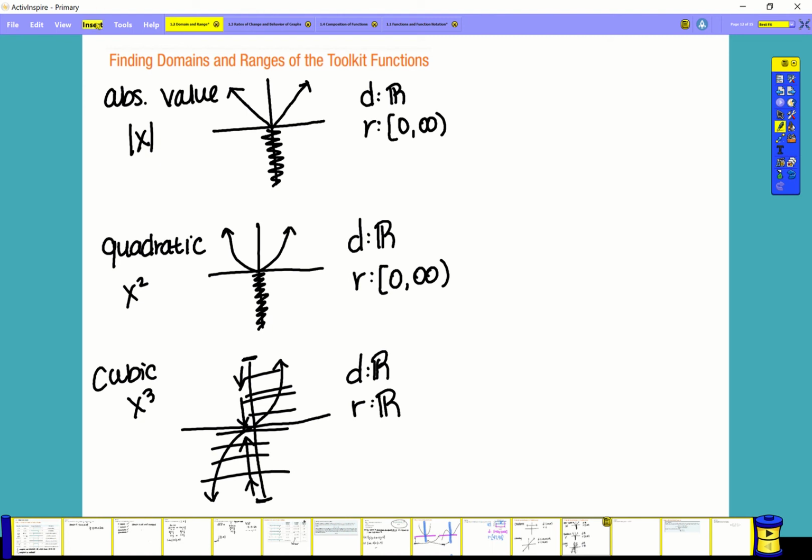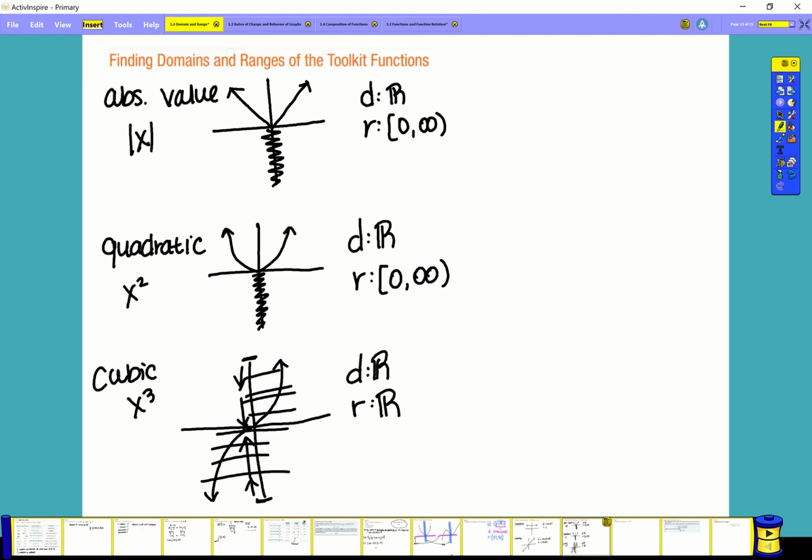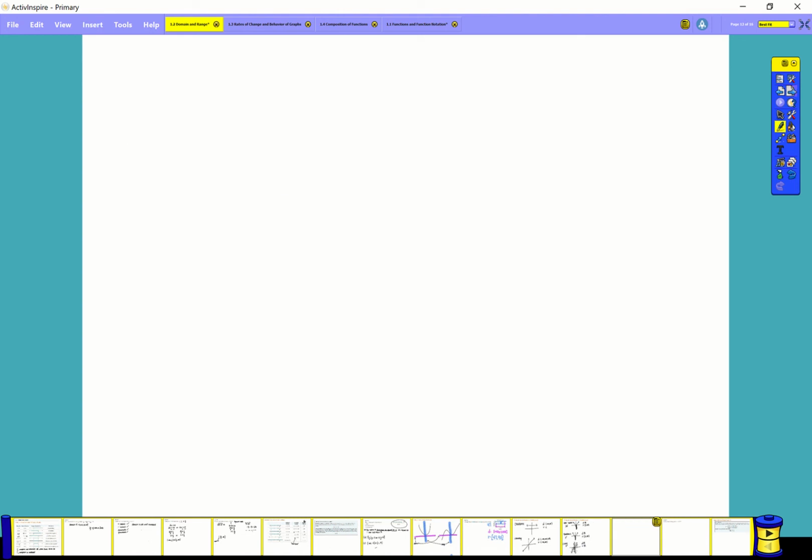Now let me insert a new page. There we go. So now we are going to look at a square root function. So that would look something like this.